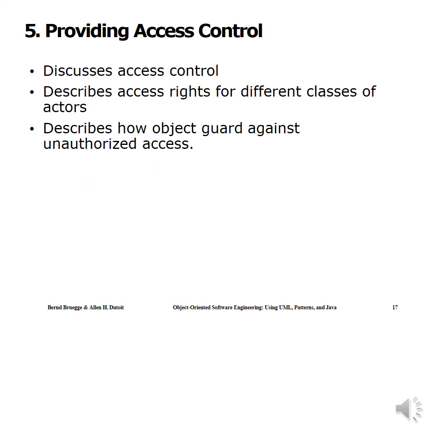Next is providing access control. It includes discussing access control, describing access rights for different classes of actors, and describing how an object guards against unauthorized or illegal access, thus providing security.